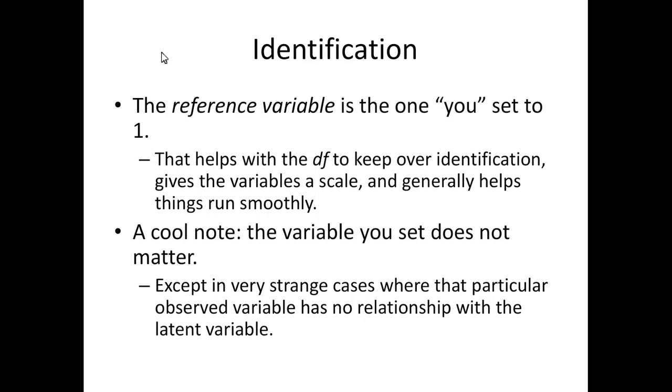Okay. As a side note, the variable that you set or scale doesn't actually matter. The only time it might matter, just conceptually or theoretically, is where the observed variable that you picked doesn't actually relate to a latent variable. Now the model will still be the same, the fit statistics will be the same, and the standardized solution is the same, but sometimes the individual B parameters change.